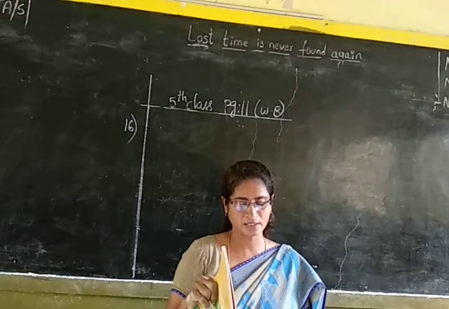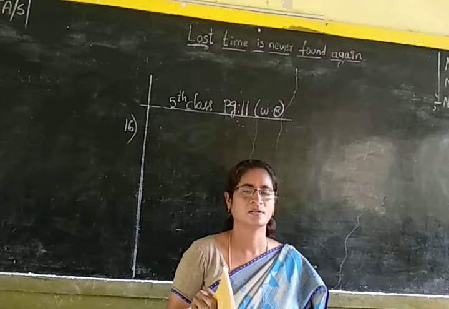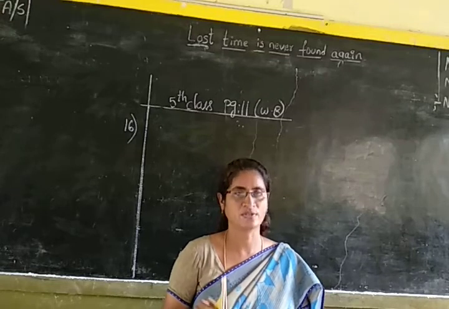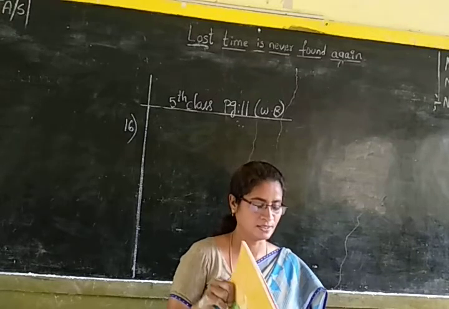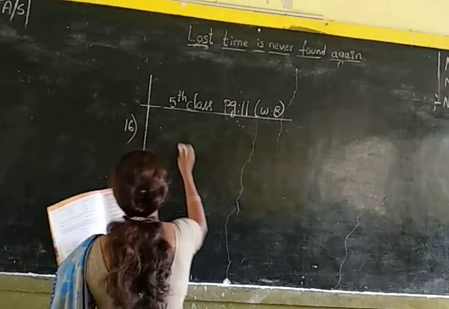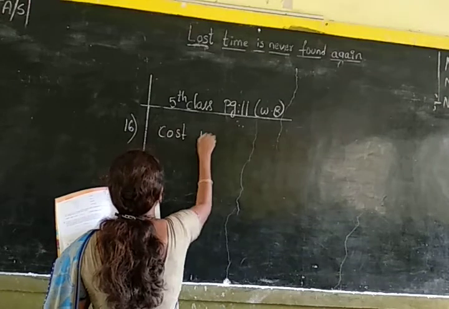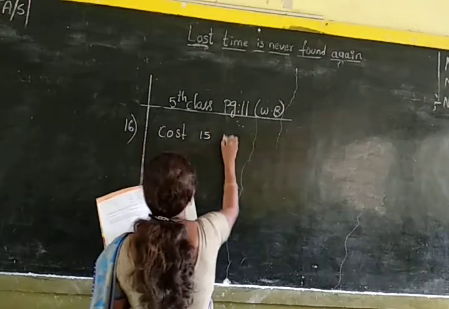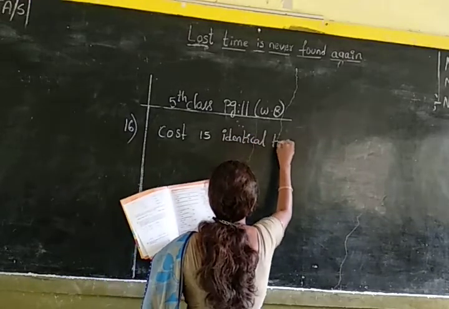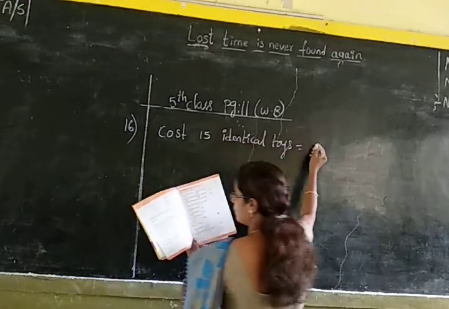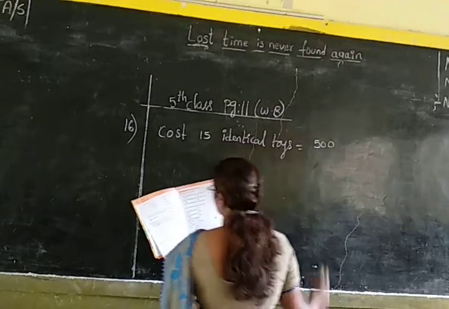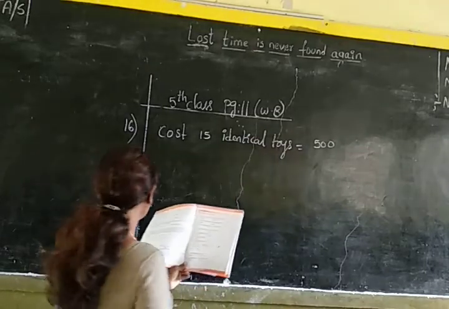The shopkeeper returned her 275 rupees. So how much amount did the shopkeeper return back to her? 275 rupees. Now what you have to do is find the cost of each toy. What is the cost of 15 identical toys? The cost of 15 identical toys is 500 rupees.